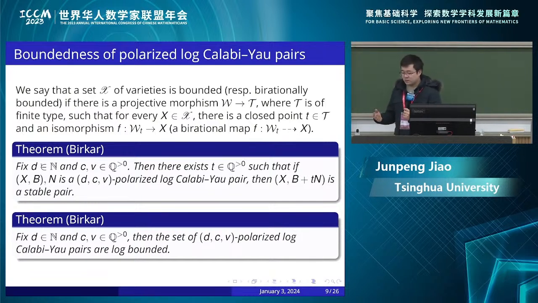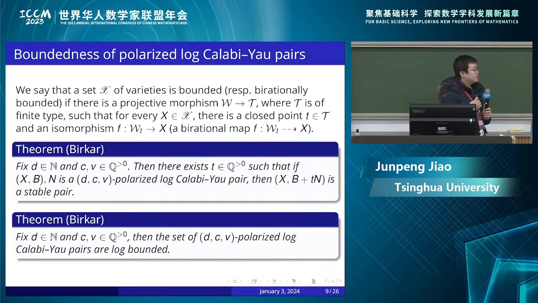So for some property that is locally constant, in a bounded set it has only finitely many choices. For example, the cohomology group.